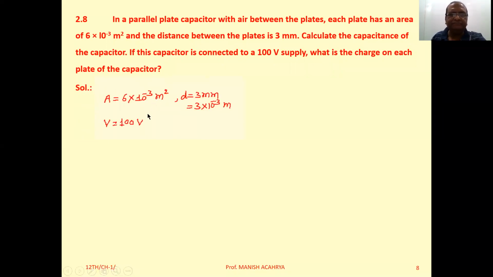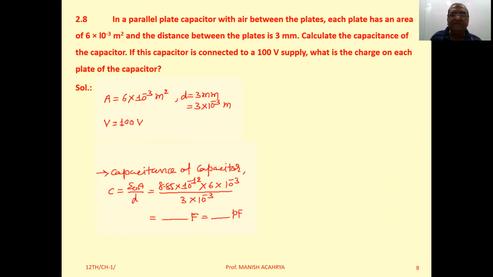Simple thing. The area of the plate given to you is 6 into 10 raised to minus 3 meter square. The separation between the two plates is 3 millimeter, so it is 3 into 10 raised to minus 3 meter. And the supply voltage is 100 volt.